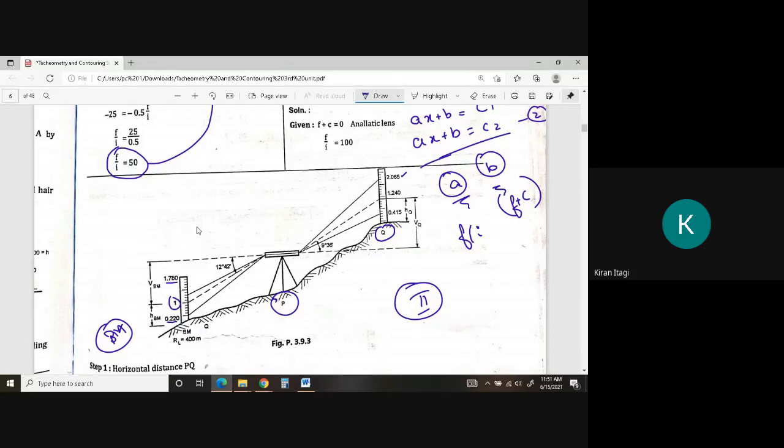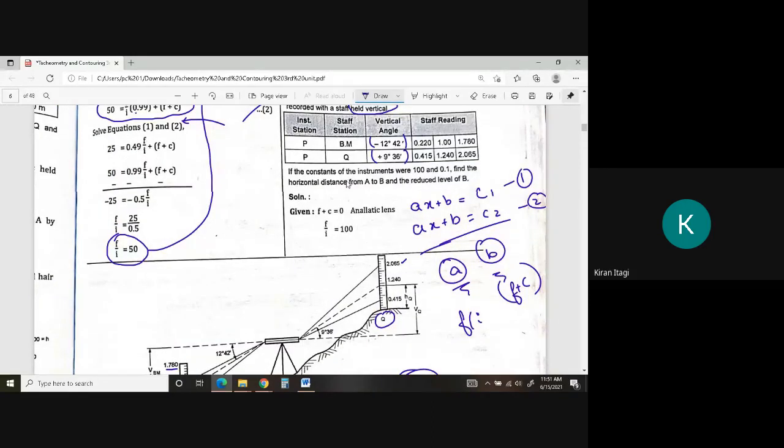In the question he is asking, if the constants of the instrument were 100 and 0.1, so he has given both the constants. Find the horizontal distance between A and B and find the level at B.